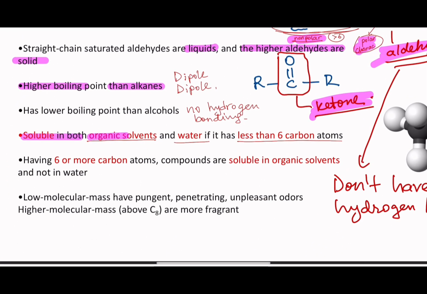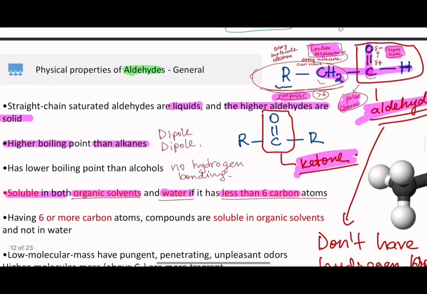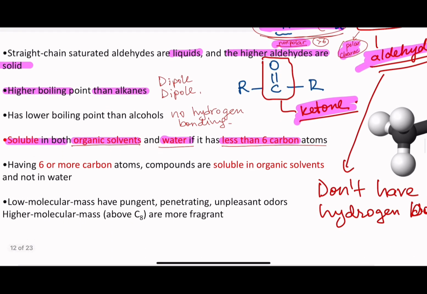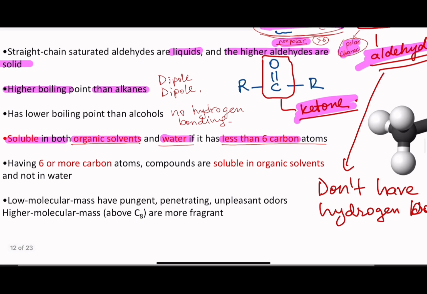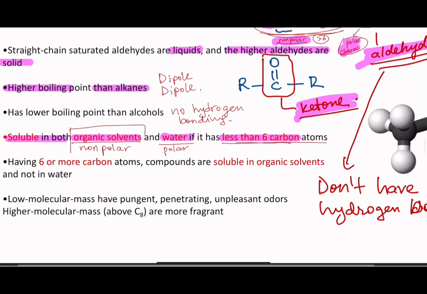Soluble in both organic solvents and water if it has less than 6 carbon atoms. So if I had 6 carbon atoms on this side, I would be soluble in both polar and nonpolar. But if I have more than 6 carbon atoms, I will be soluble just in organic solvent, because carbons are nonpolar.